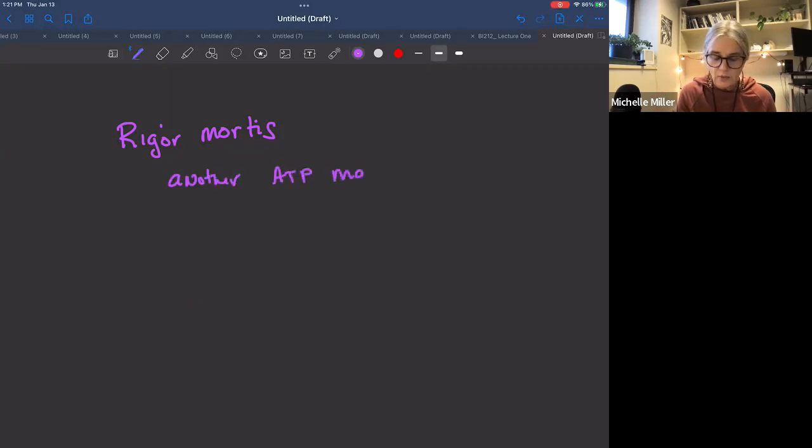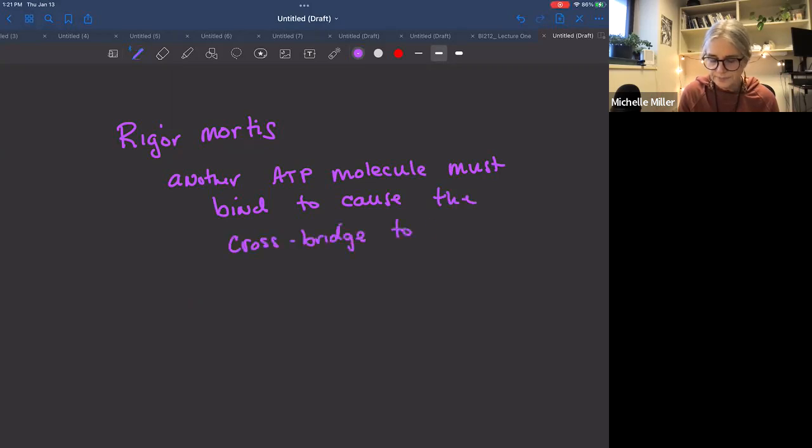ATP molecule must bind to cause the cross bridge to be broken. So after death, we run out of ATP after a certain period of time.